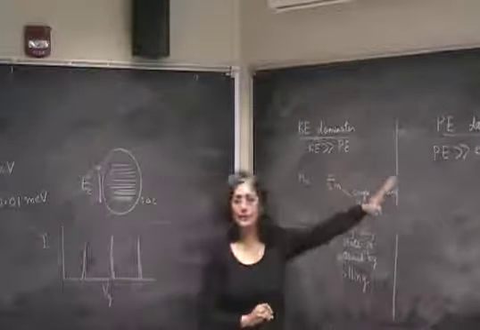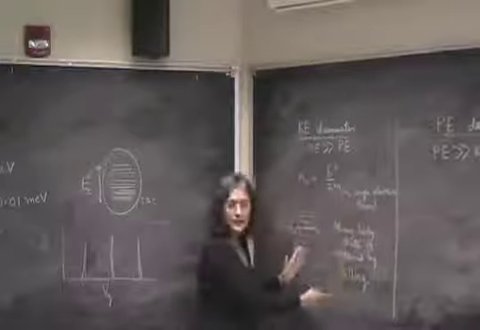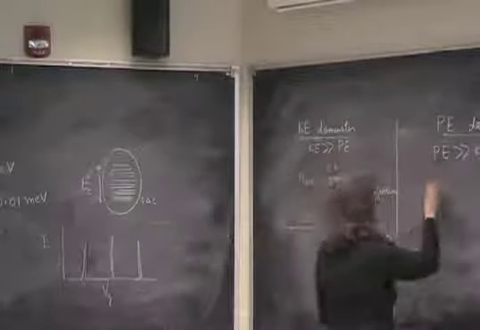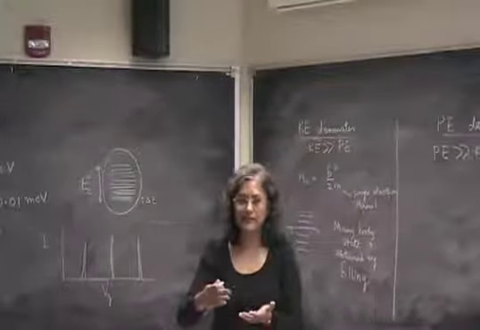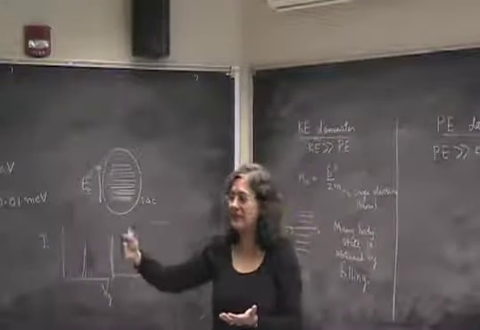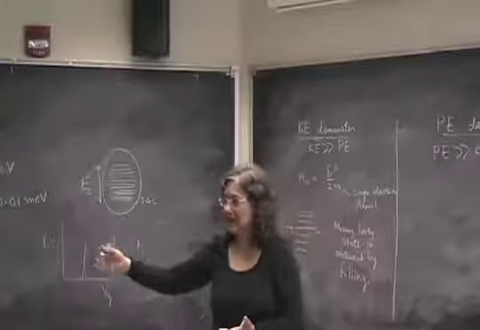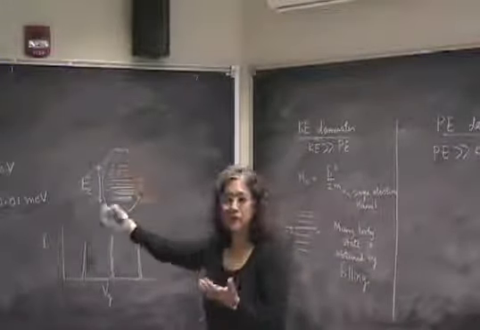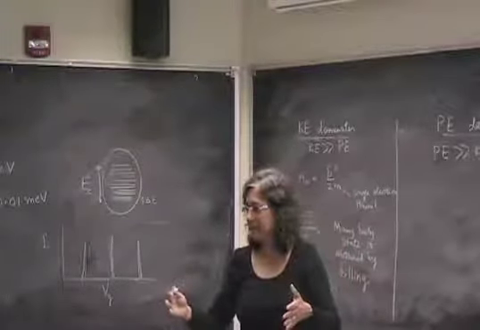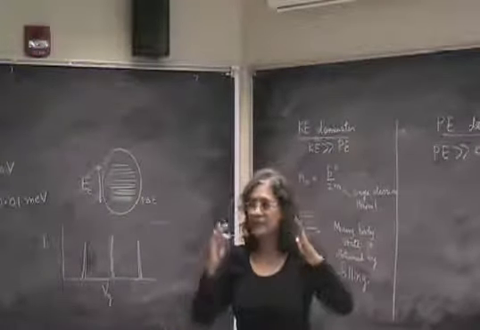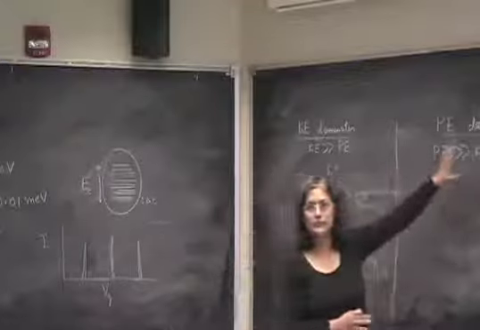Now when Coulomb is important, you can't solve the problem like this. Your energy levels for 2 electrons are completely different from the energy levels for 3 electrons, and the levels for 3 are different from 4. You have to solve each Hamiltonian separately. That's the one big difference that comes in when interactions dominate.